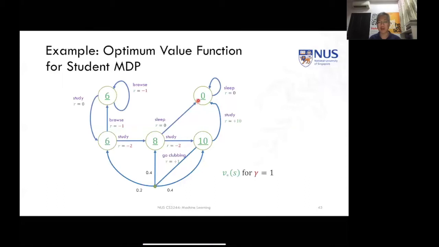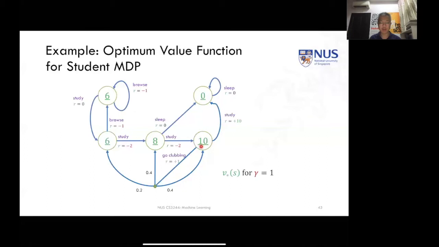Obviously I would have to take the study arc here and get my plus 10 reward. So the optimum way to do that is at this particular state, choose to go and derive an immediate reward of plus 10 here. That would be the best possible action that we can take, and that would lead us to an immediate reward for this node of plus 10.